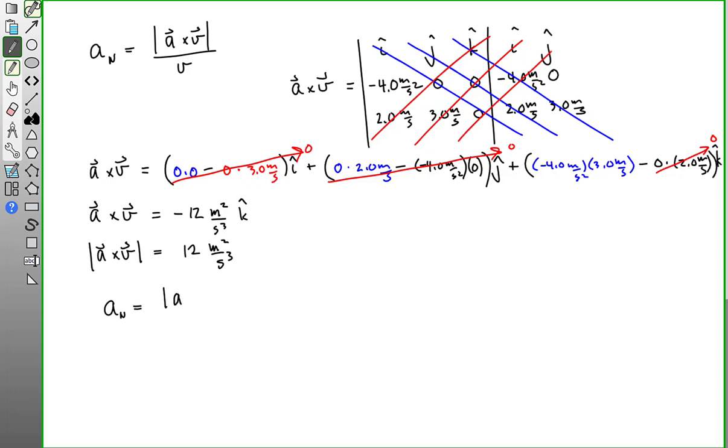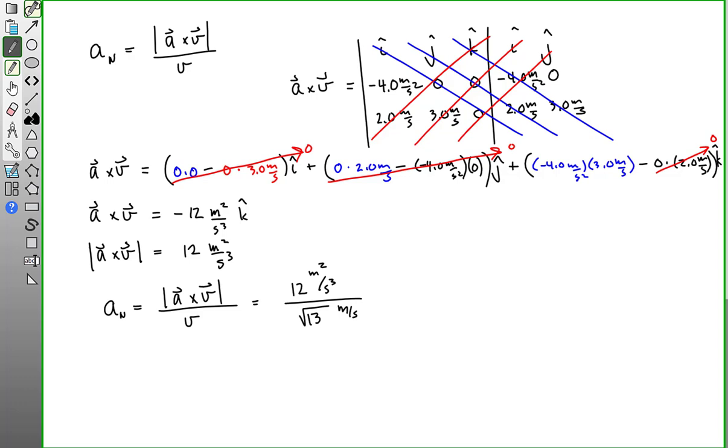Remember, the normal component of the acceleration is the magnitude of the cross product of the acceleration and the velocity, over the magnitude of the velocity, or the speed. So this is 12 meters squared per second cubed over the square root of 13 meters per second.